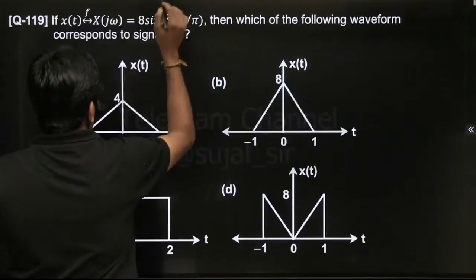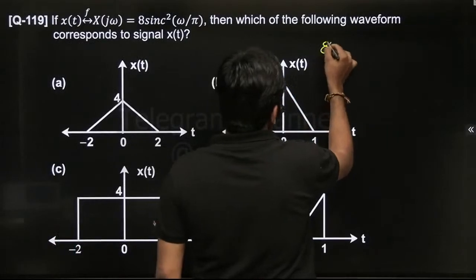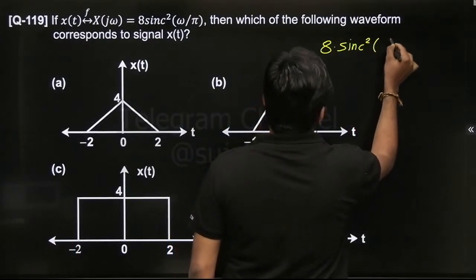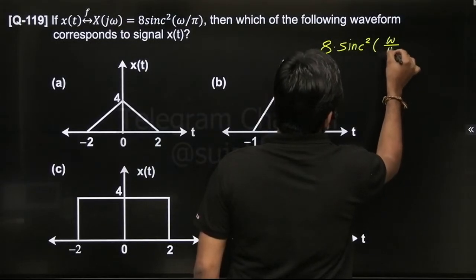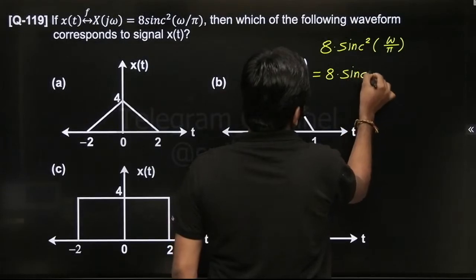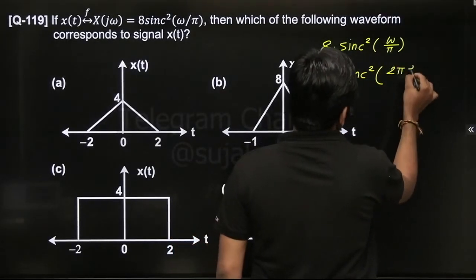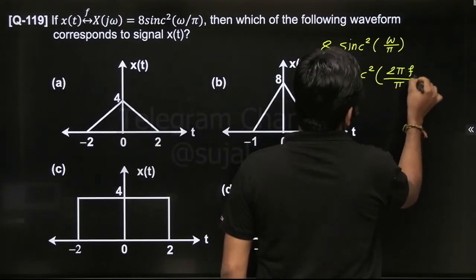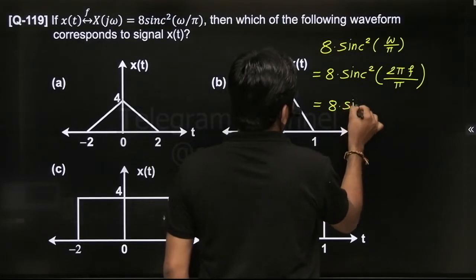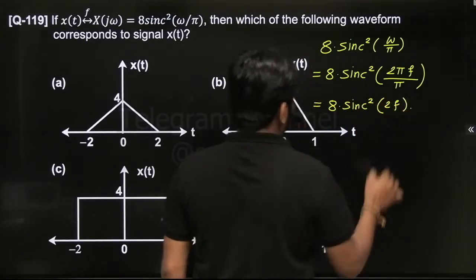Now here, this is 8 sinc square omega upon pi, which is nothing but 8 sinc square, with omega equal to 2 pi f. Pi gets cancelled out, which is equal to 8 sinc square twice f.